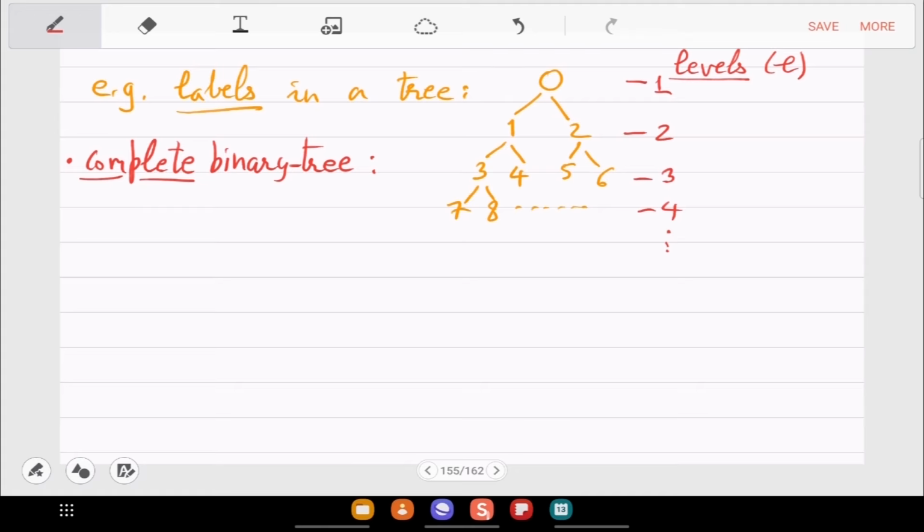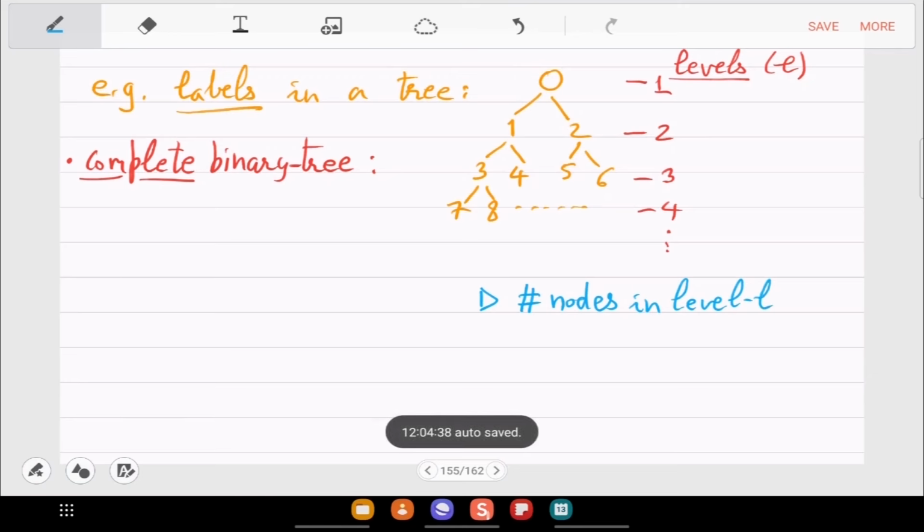And then we need a property. What is the number of elements in a level? Or maybe easier will be number of nodes up to level less than or equal to L. What is that number?